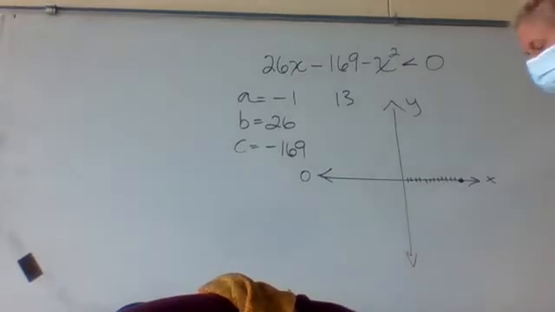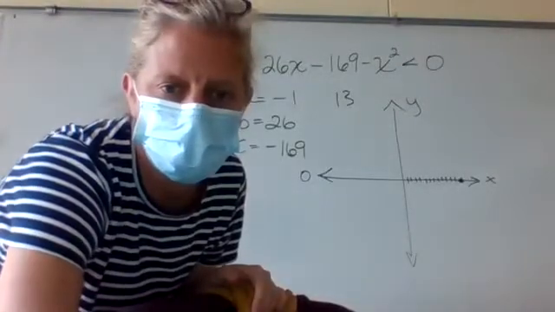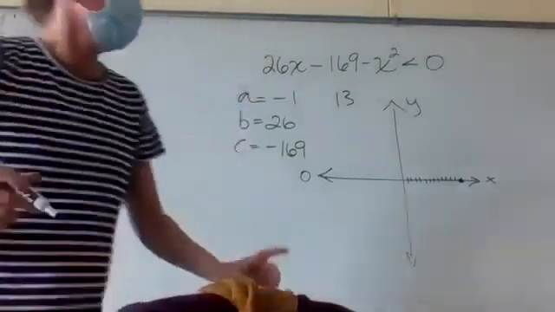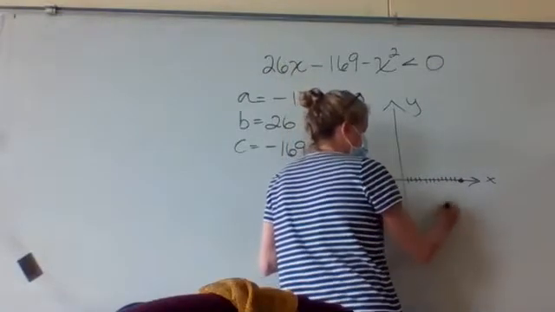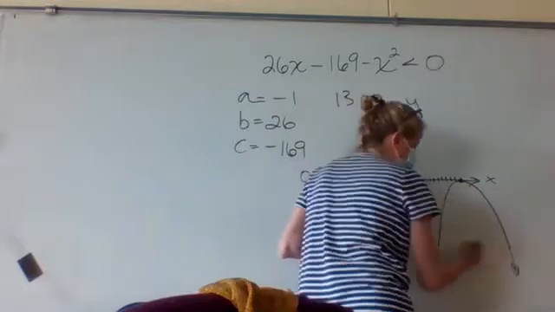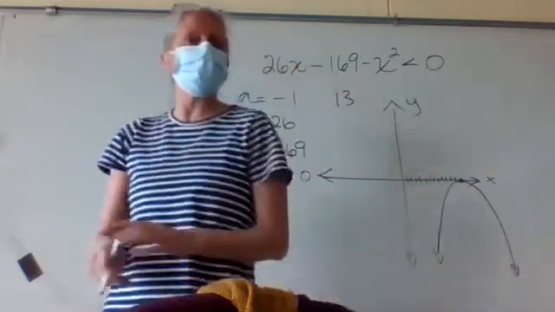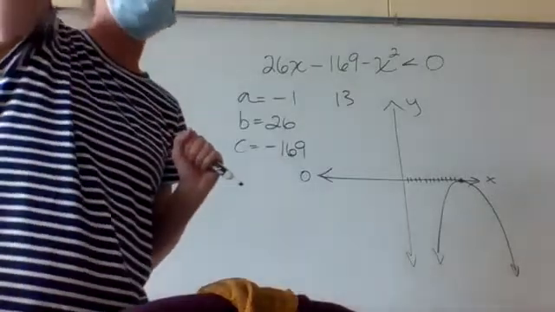So how is a parabola going to be upside down and have 1 x-intercept? That just means it's going to come up, touch the x-axis at 13 and go back down. Remember, x-intercepts just mean you touch it. You don't have to cross all the way through it.